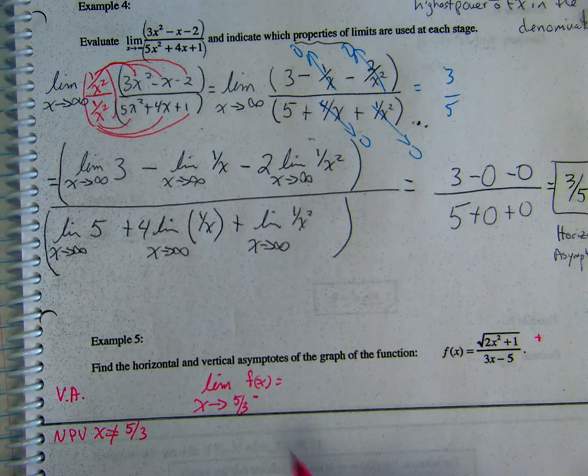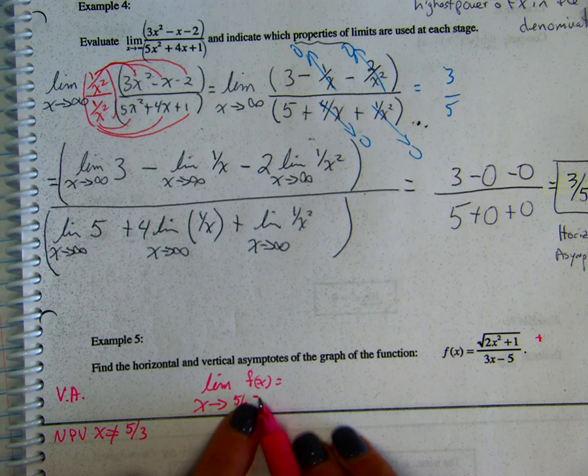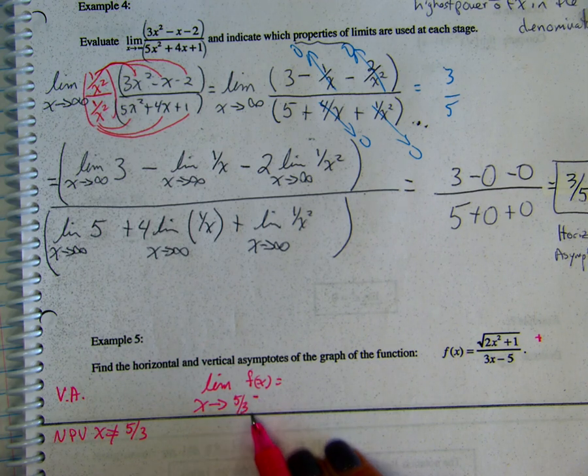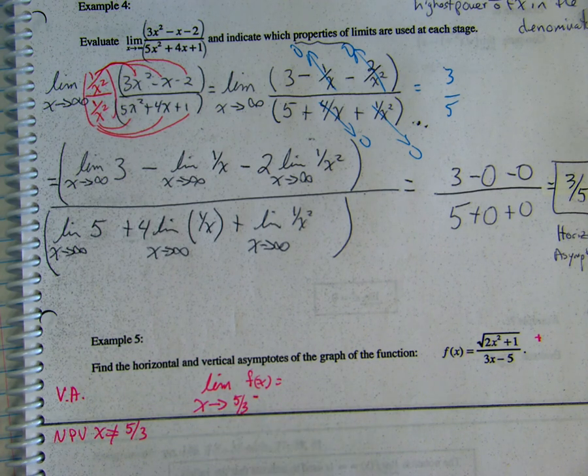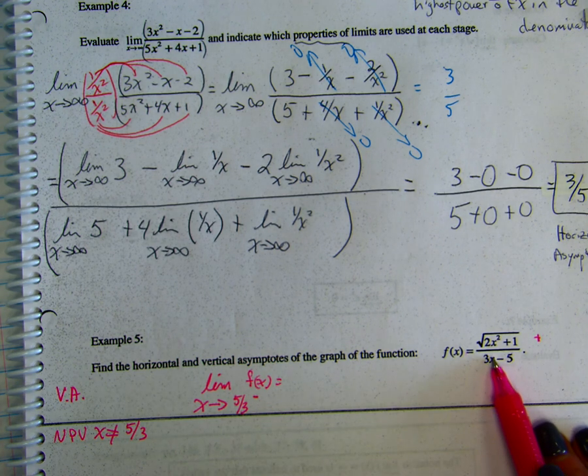Are we following? Yeah, okay. So then if we're saying x approaches 5 over 3 from the left, we mean we are choosing an x value smaller than 5 over 3. Like 4 over 3 is smaller.